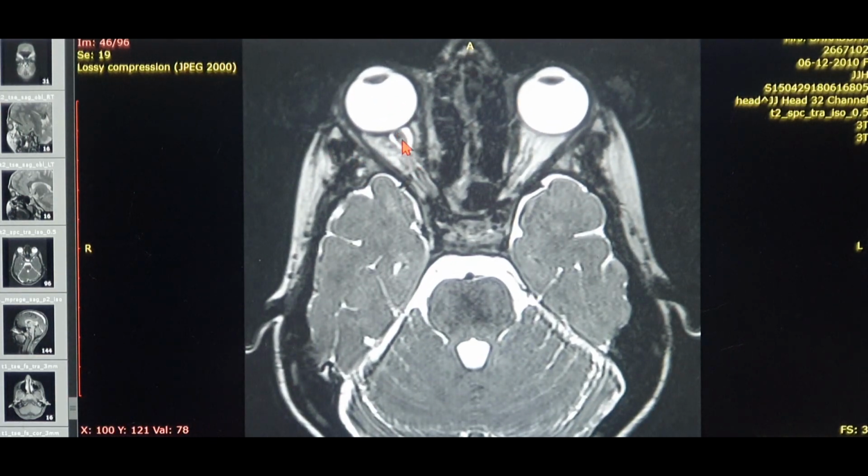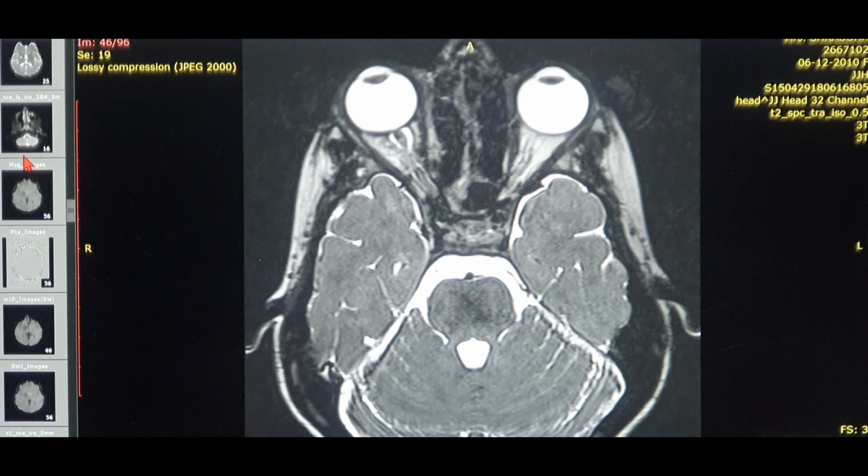That's the optic nerve, and you can see the clear CSF around the optic nerve. That's a normal condition, because the optic nerve is surrounded by dura, and there is CSF around the optic nerve throughout its length. So this is a normal phenomenon to see the CSF around the optic nerve. This is the axial T2 scan.